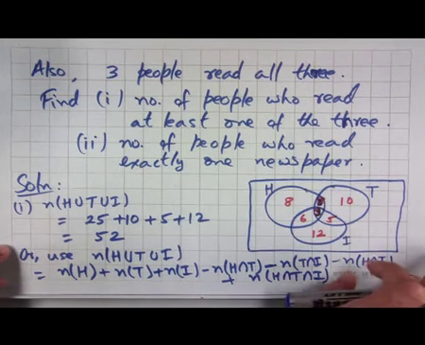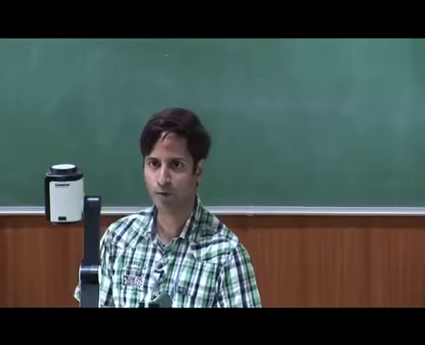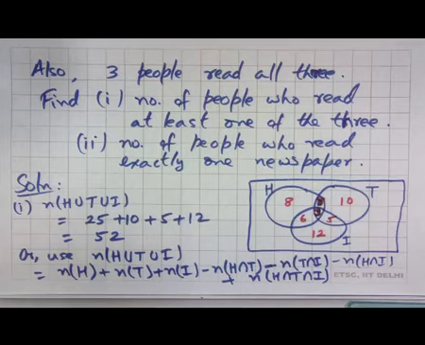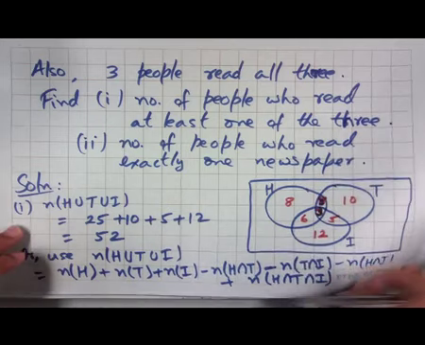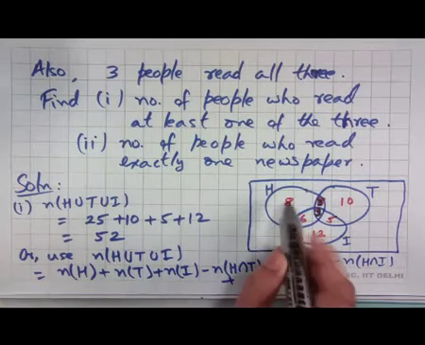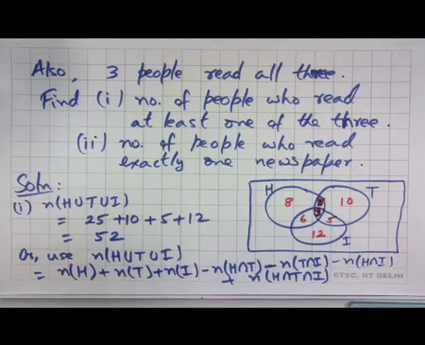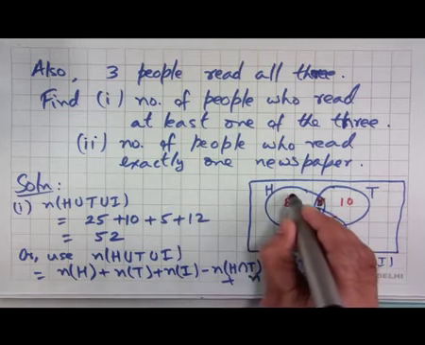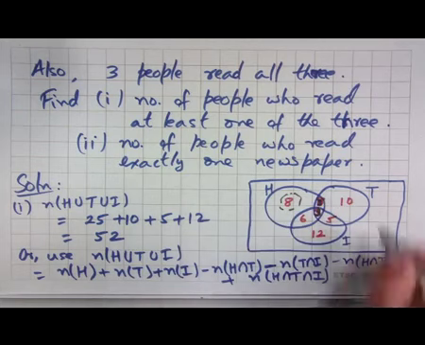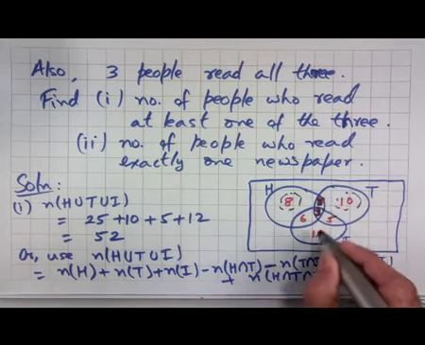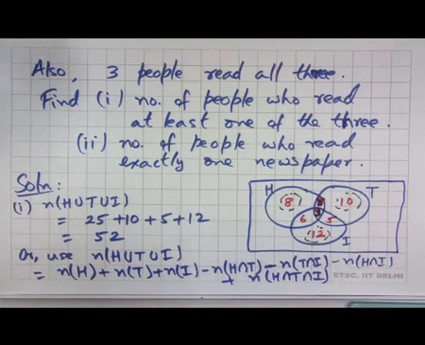The other one is asking the number of people who read exactly one newspaper. So, that number again is clear from this, right. There are 8 people who read only H, there are 10 who read only T and 12 who read only I. So, there is nothing in common. So, 8 plus 10 plus 12, that means 30 people who read exactly 1.